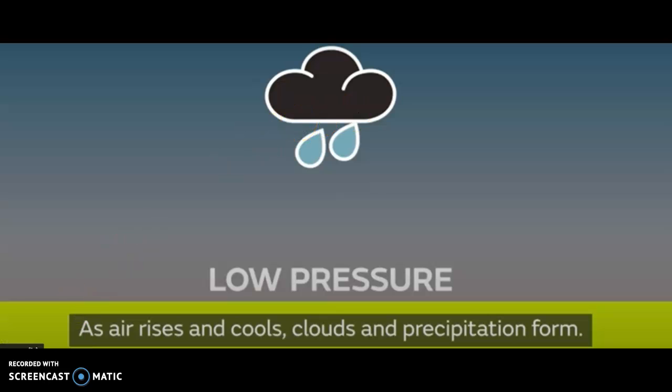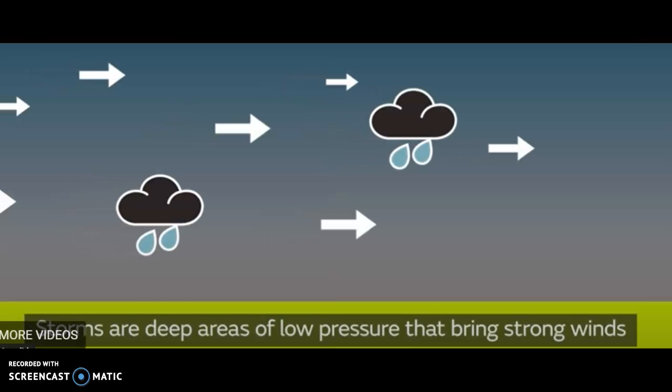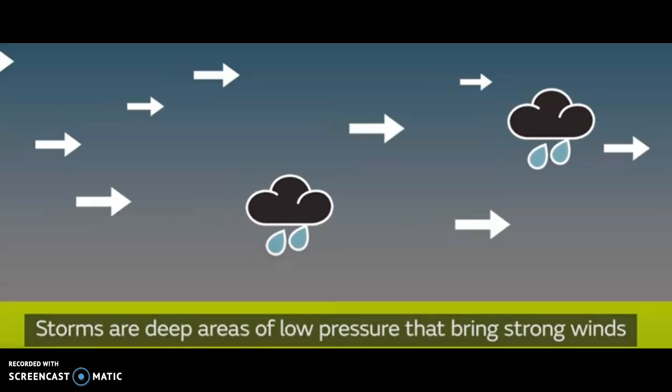We might even get a little bit of rain and storm. Storms form when low pressure brings strong wind and heavy rain. So if we get too much low pressure going up, we're going to start getting a lot of wind, and we might even get a little storm. Storm in this case just means rain, right?